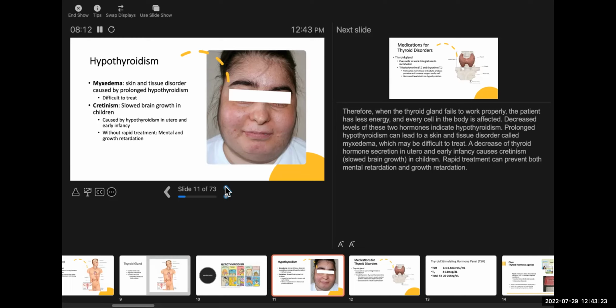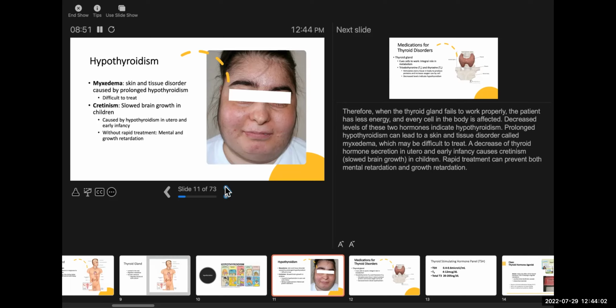So the child's head will be extremely small and they'll be underdeveloped. And so when they're born, they will be disfigured some way, and that's an example. Yeah, there you go.